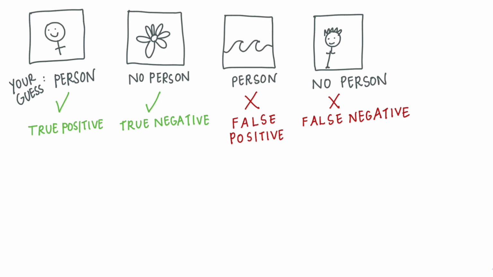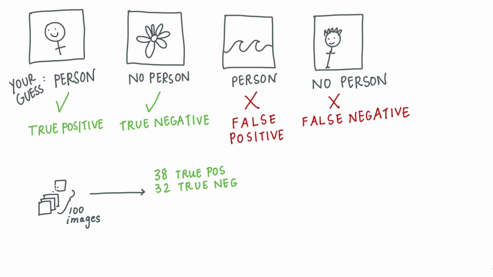Your overall accuracy is the number of true positives and true negatives that you got out of the total number of items that you classified. For example, if you classified 100 pictures as above with the people or no people example, and got 38 true positives, which means you correctly said that there were people in the picture, 32 true negatives, you correctly said that there were no people in the picture, 21 false positives, you incorrectly said that there were people in the picture, and 9 false negatives, you incorrectly said that there were no people in the picture.